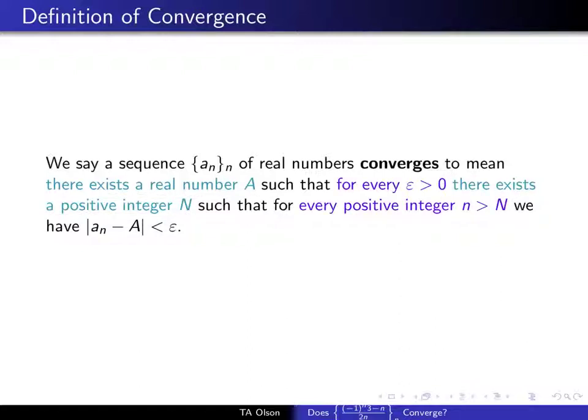And we need that these things that we construct work for any positive epsilon, any positive number, and our n has to work for any positive integers larger than that, and it has to satisfy this condition. This is ultimately the condition that we are trying to satisfy.